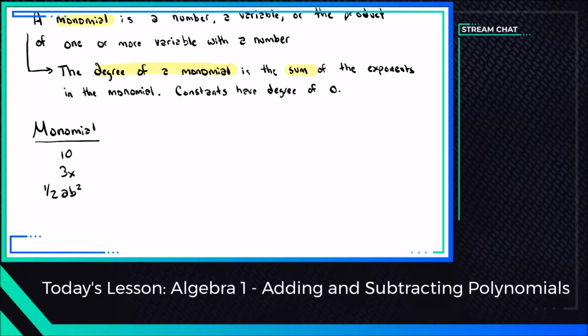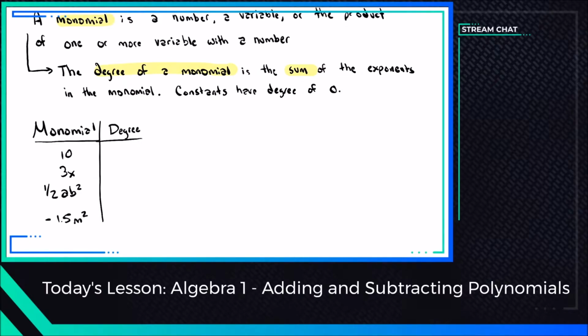And then finally we can take something like negative 1.5 m squared. So every single one of these is going to be a monomial, and each one of them has a degree.